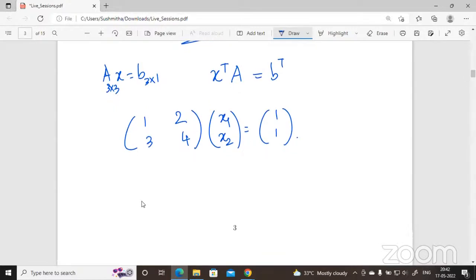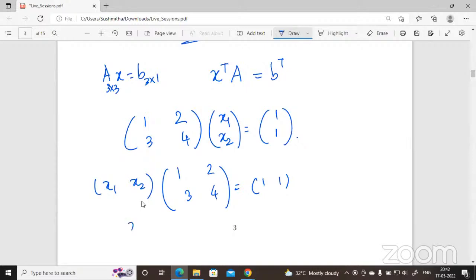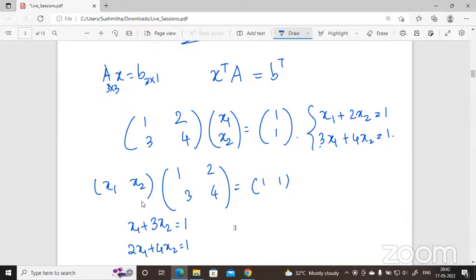X transpose A means X1, X2 times 1, 2, 3, 4 equals 1, 1. So this is X1 plus 3X2 is equal to 1, 2X1 plus 4X2 is equal to 1. But this is a completely different system of equations from this one. If you do X transpose A transpose, then you will get the same.